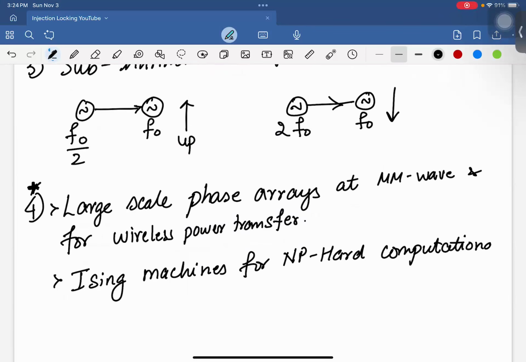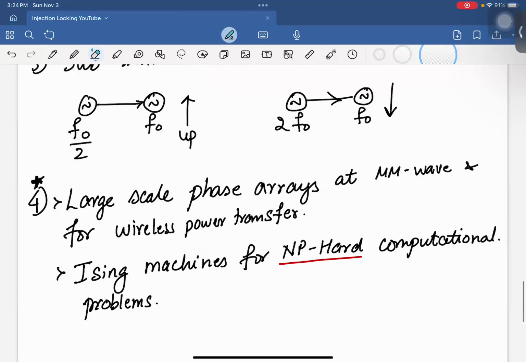So I'm not going to go into this, but I'm just kind of giving you an idea. You can look this up. So people have shown that you can use sort of a second harmonic injection locked or coupled oscillators to solve what are known as NP-hard problems in combinatorial problems, I should say, not computational problems.